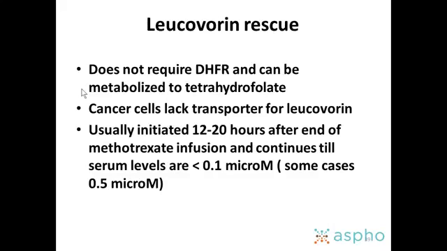The important thing is that leucovorin does not require DHFR, and it can be metabolized directly to tetrahydrofolate. So it basically replenishes the folate pool required for purine synthesis. The other important thing is that cancer cells lack a transporter for leucovorin, so cancer cells cannot be rescued by leucovorin.